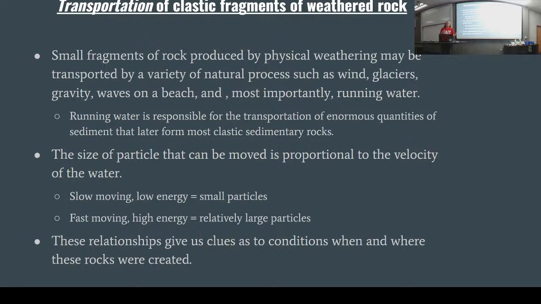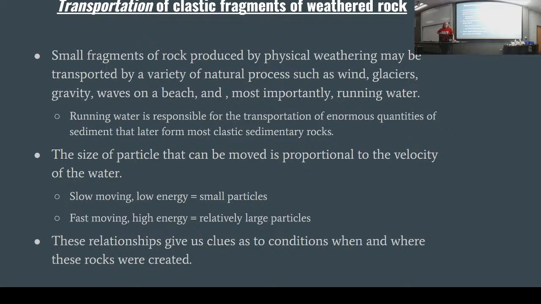So I'm going to jump into the transportation that we discussed as well. You've got transportation of clastic fragments of weathered rock. Small fragments of the rock produced by physical weathering may be transported by a variety of natural processes, such as wind, glaciers, gravity, waves on a beach, and most importantly, running water.